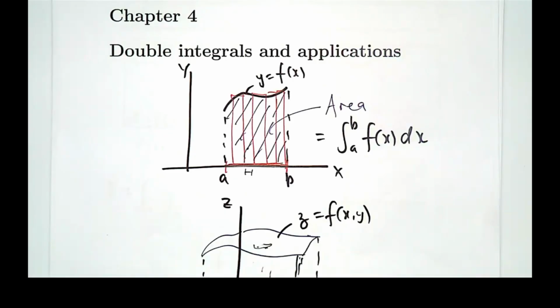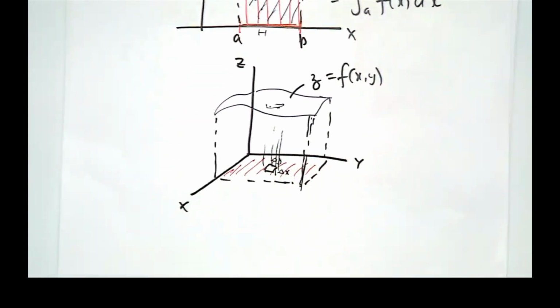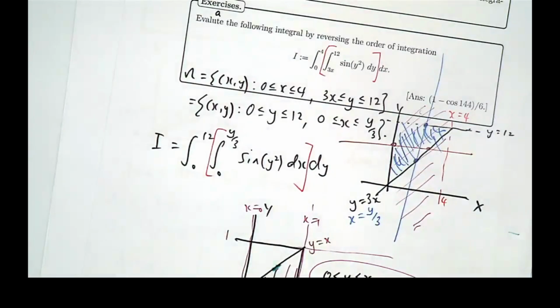You're using rectangles to approximate area, and then you sum them up and take a limit. In the higher dimensional case, you're using little rectangles, say in the XY plane, right? And you sort of shrink the size of those rectangles and add them all up. Okay, so we've learned a few things.